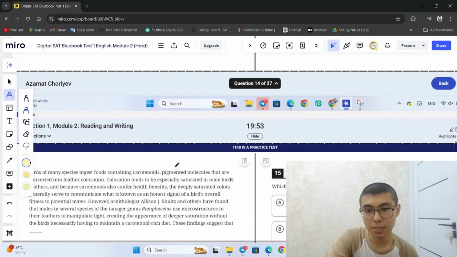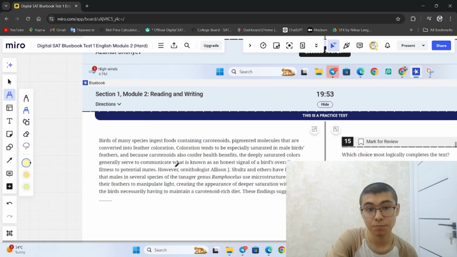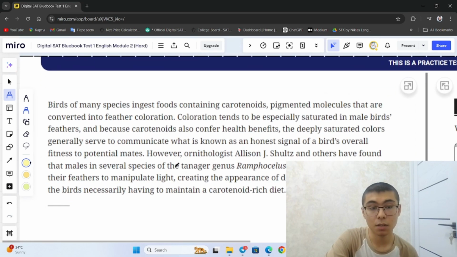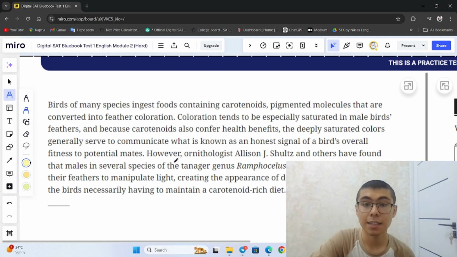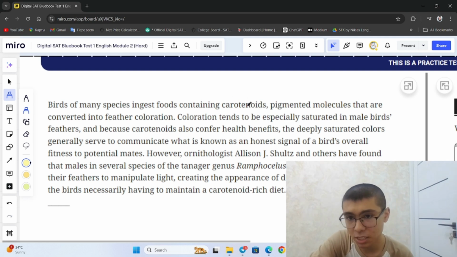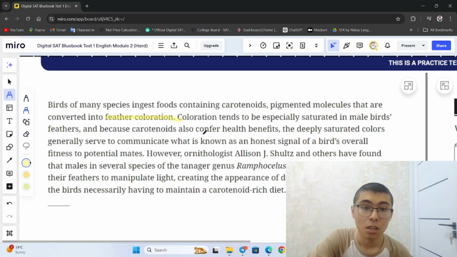So question number 15, sentence completion. Birds of many species ingest food containing... I'm not going to bother myself reading it. So there are molecules that are converted into feather coloration. Okay.